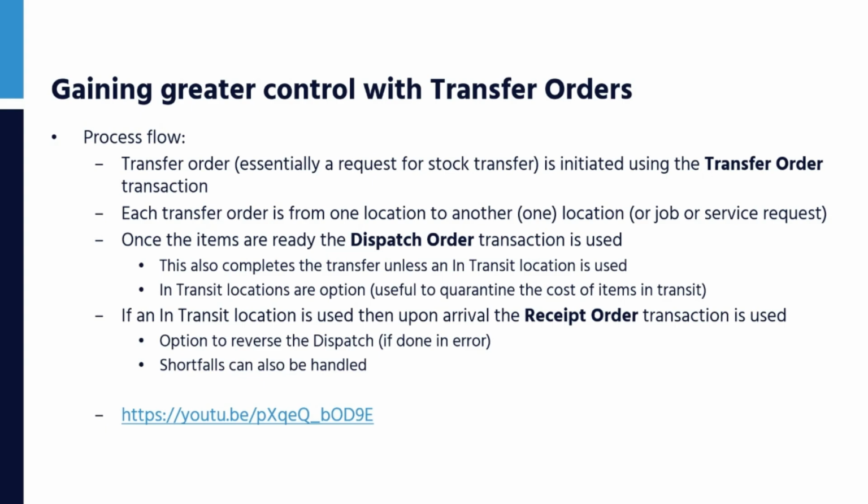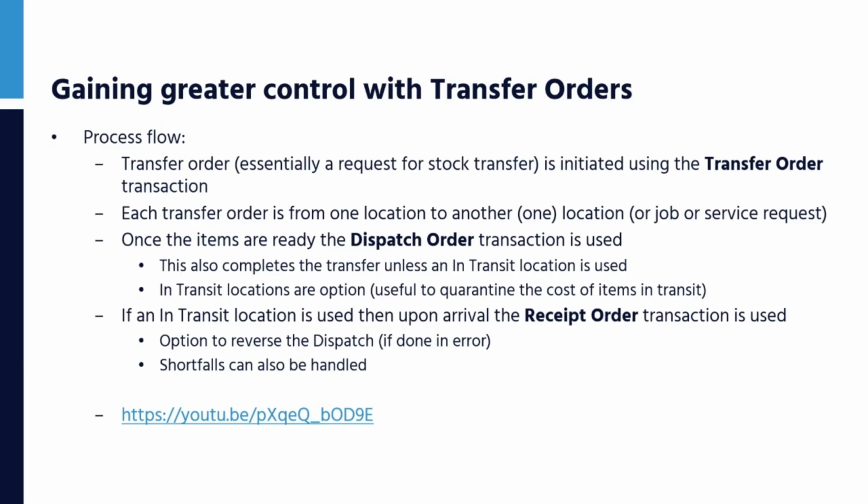And the transfer orders are from one location to another single location or a job or a service request. So that is something that differentiates them from the normal stock transfer, which are able to transfer items to and from many locations.